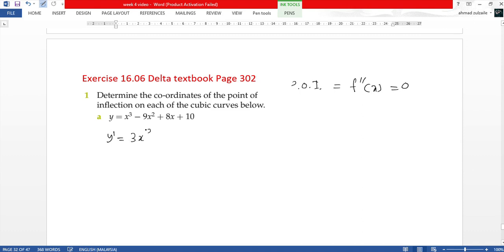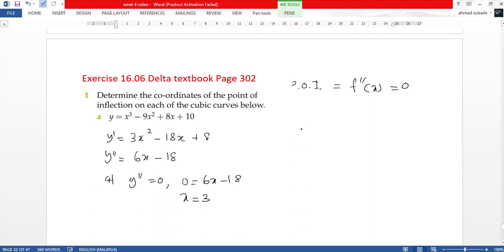So 3x squared minus 18x plus 8. Differentiate for the second time, you will have 6x minus 18. So at y double prime equal to 0, 0 equals 6x minus 18. So what do we have? x equals 3.